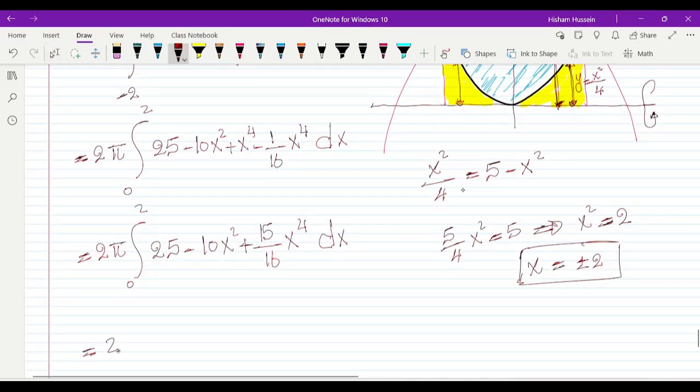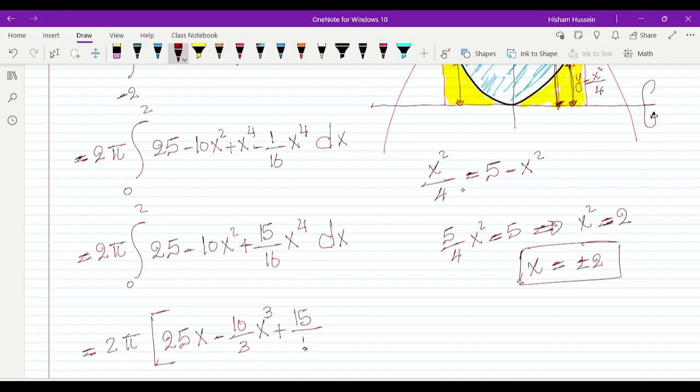Integrate: this is 2 pi times the integration of 25x minus 10 over 3 x to the power 3 plus 15 divided by 16 x to the power 5 divided by 5, with the limits from 0 to 2.